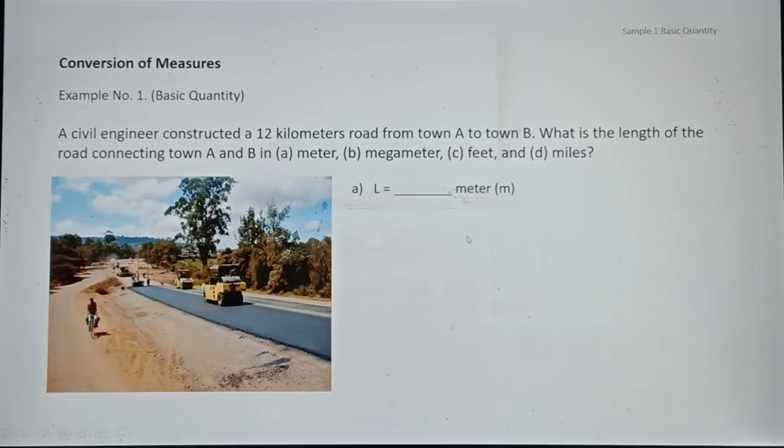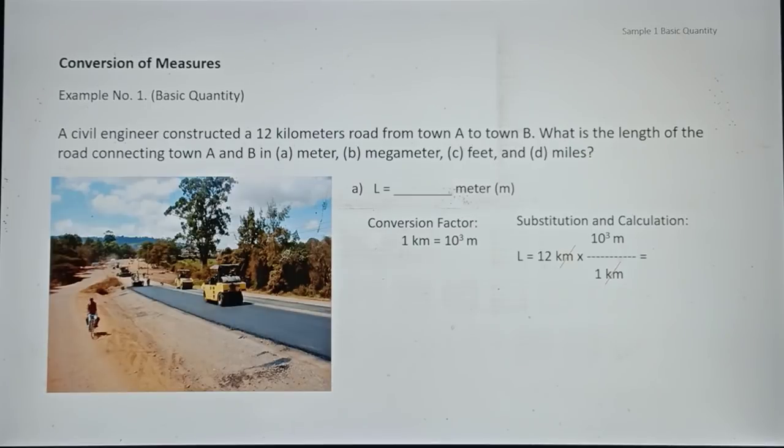In this case, the conversion factor needed is 1 kilometer equals 10 to the third power meters. Now, let's substitute and calculate. The length equals 12 kilometers, the given, times the ratio of 10 to the third power meters and 1 kilometer.